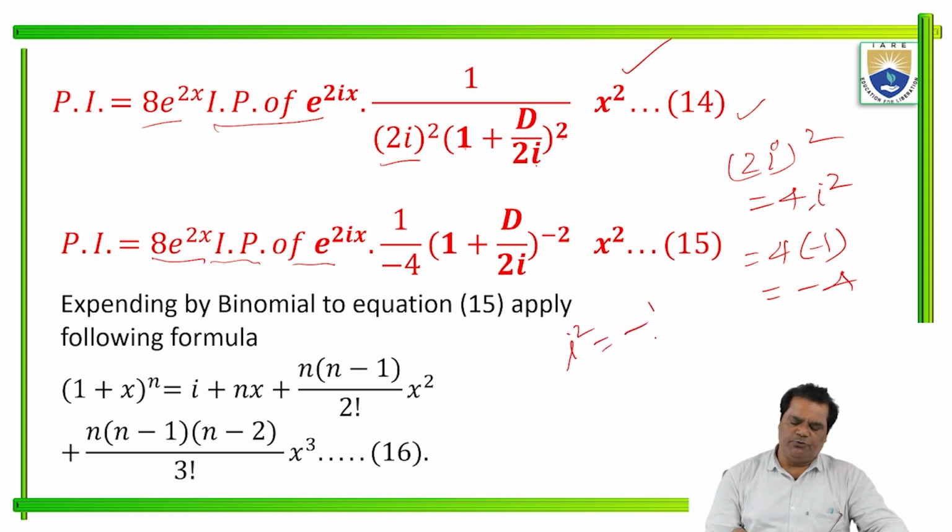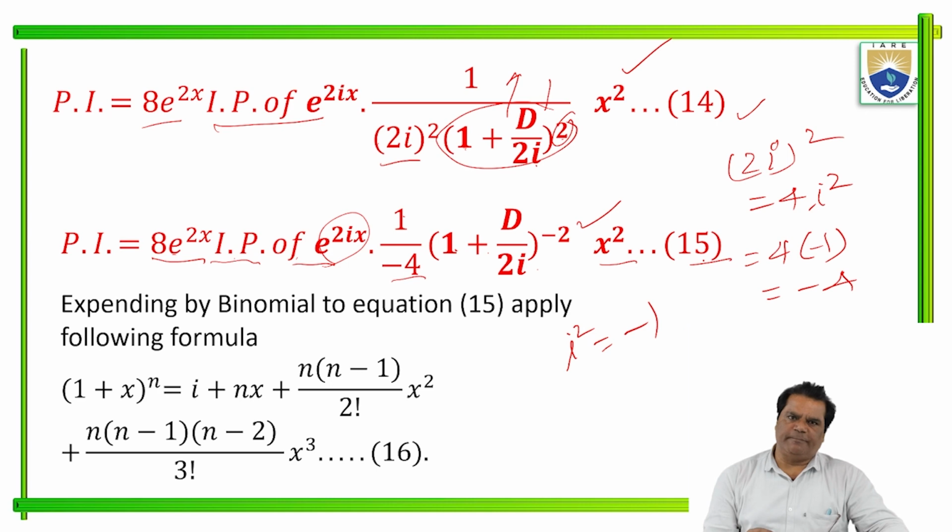Now this power we take in the numerator: the square converts into inverse minus power. So I am writing 8 e to the power 2x, imaginary part of e to the power 2ix, 1 upon minus 4, writing this in the numerator. So 1 plus d upon 2i whole to the power minus 2, x square.